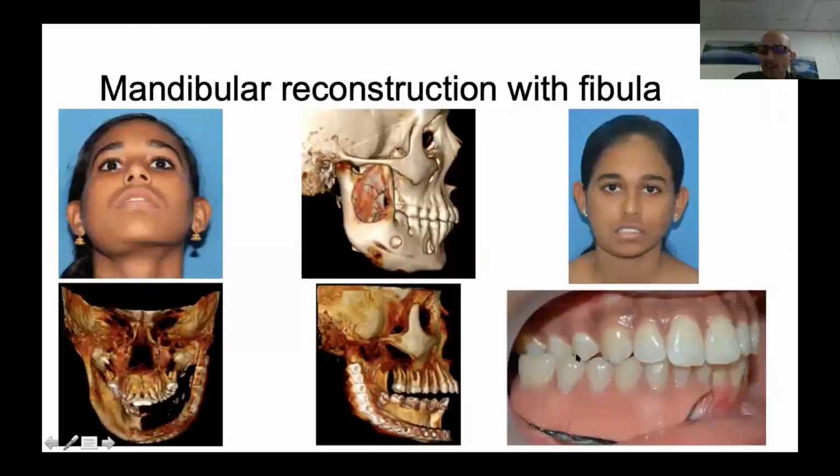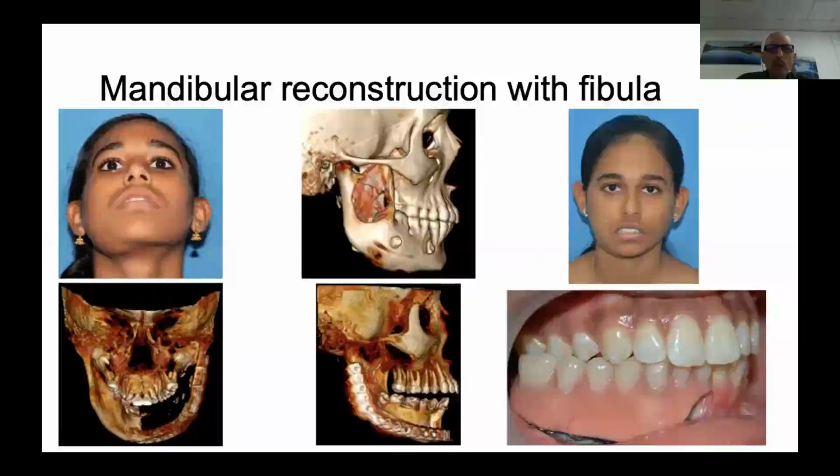You can see this occlusion, this patient has a denture, not an implant rehabilitation, but the occlusion is not proper. Again, these situations are happening because of the drifting of the fibula, although the reconstruction looks quite appropriate on the scans, but still there is a mild deformity happening.